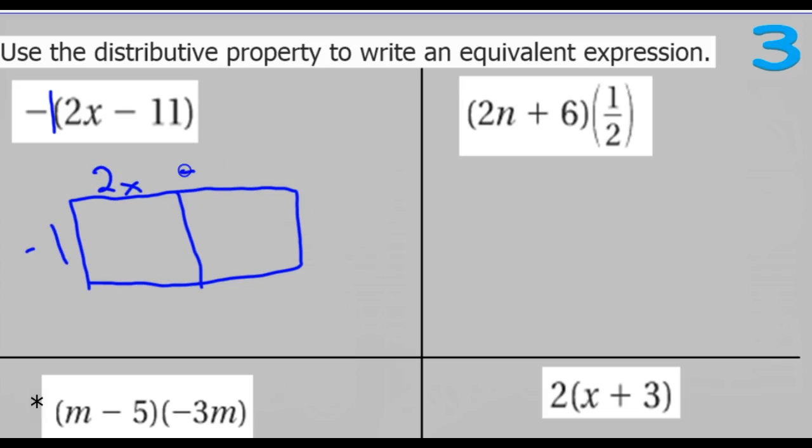If we have 2x minus 11, negative 1 times 2x is negative 2x. And negative 1 times negative 11. Two negatives here make a positive. 1 times 11 is 11. So we get negative 2x plus 11.